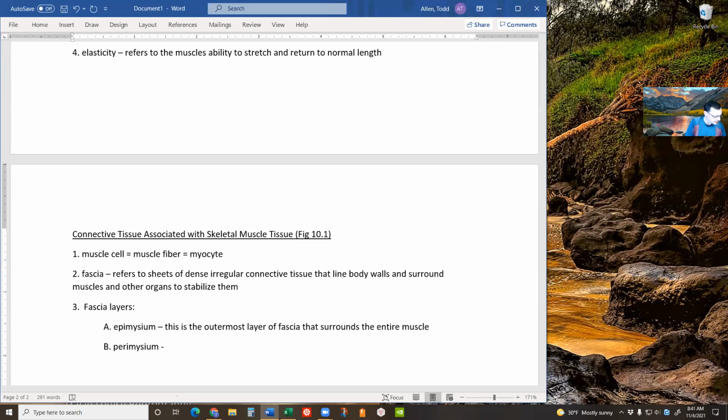Do you notice, looking carefully at the image of figure 10.1, there's a large bracket in the middle left of the image. It says muscle fascicle. A muscle fascicle is a group of muscle cells. A group of muscle cells is going to have its own layering of fascia called the perimysium.